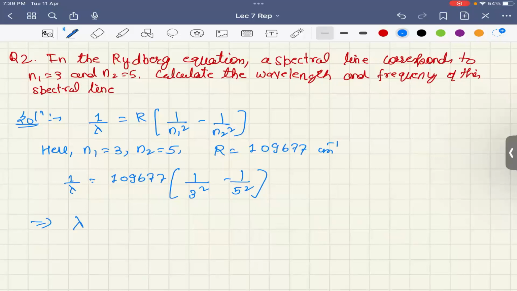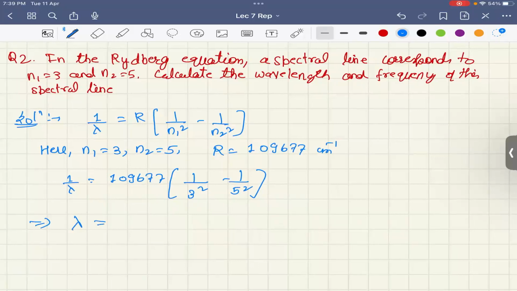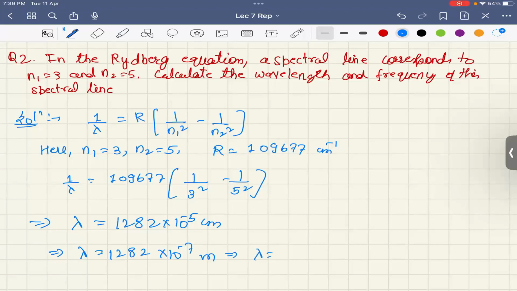So when you do the calculation, it turns out to be 1282 into 10 raised to power minus 5 centimeter, which when you convert it into nanometers corresponds to 1282 into 10 raised to power minus 9 meter, which is nothing but 1282 nanometer, right?